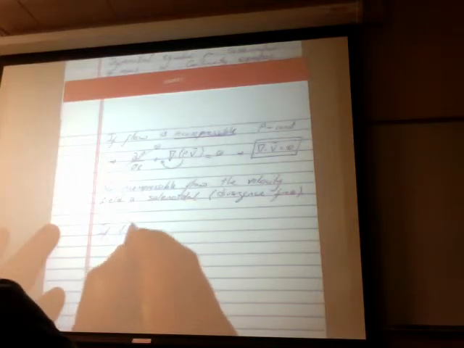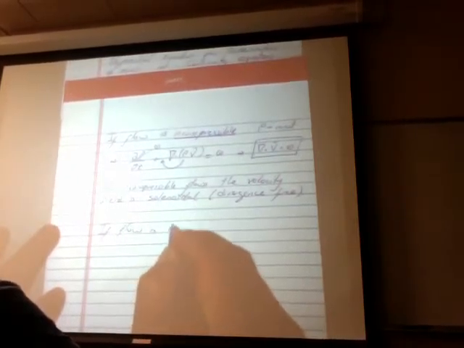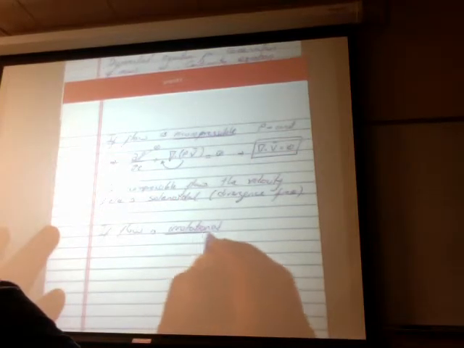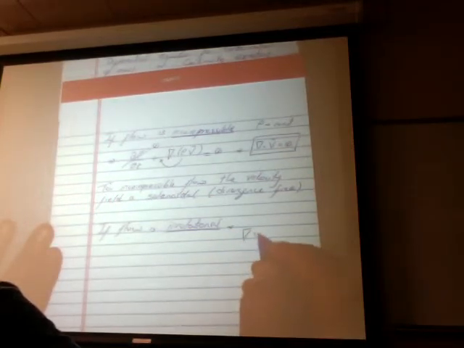Okay, now furthermore, if flow is irrotational, remember we call this that the curl of the vector field V is equal to 0. This is a big restriction.